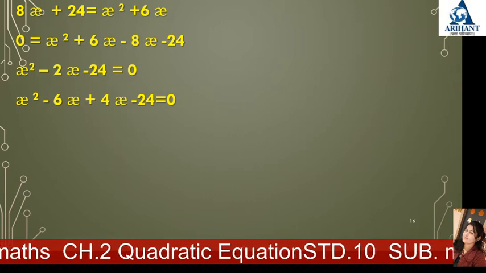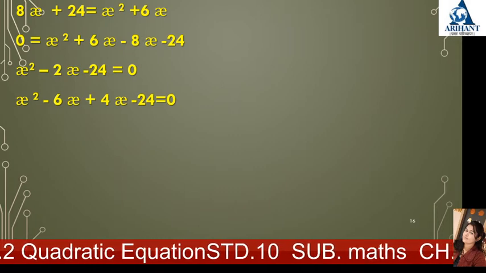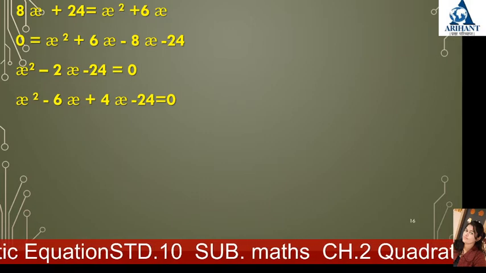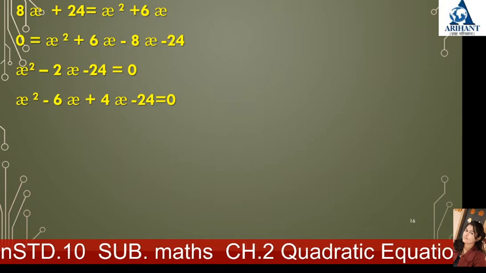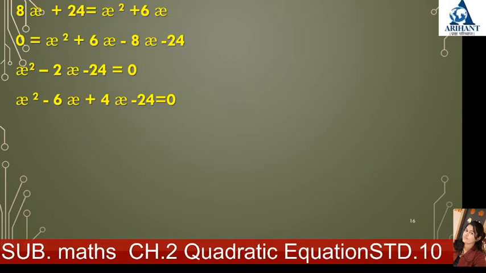So x square minus 2x minus 24 is equal to 0. Now we need to solve the above equation, x square minus 2x minus 24, right?